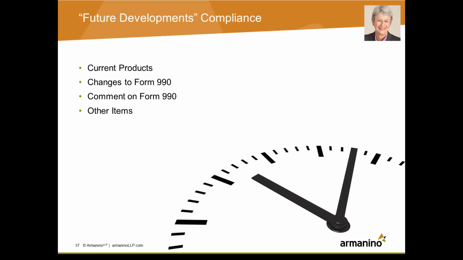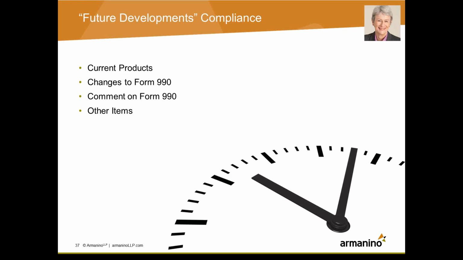Above the What's New section of the instructions for all the forms is a Future Developments section. And what is very handy is that if you are on the IRS website and you go to that Future Developments section, you'll see a link there.